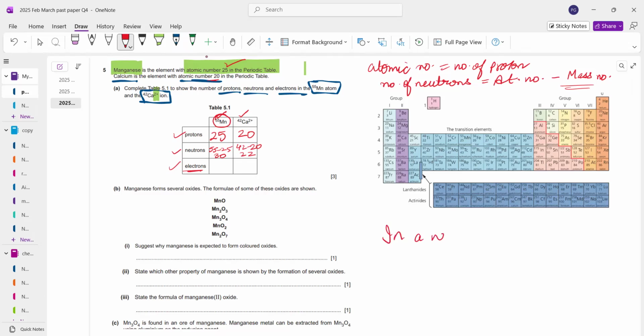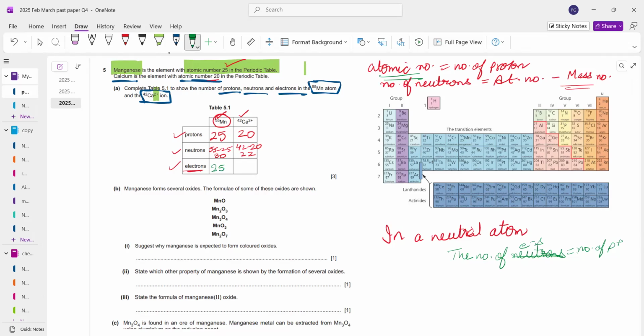I repeat, in a neutral atom, meaning an atom with no charge, the number of electrons is always equal to the number of protons, which is the atomic number. So for manganese, the number of electrons would be equal to number of protons, that's 25.